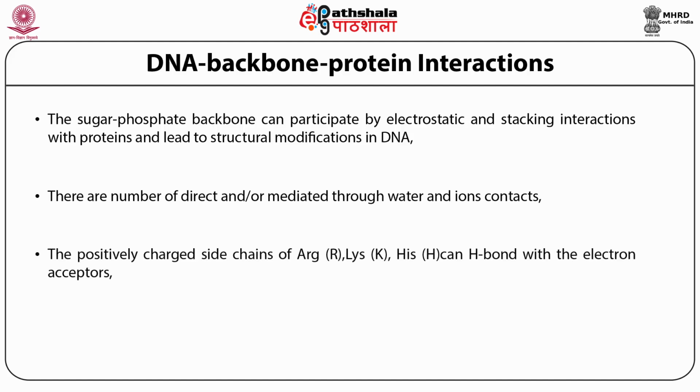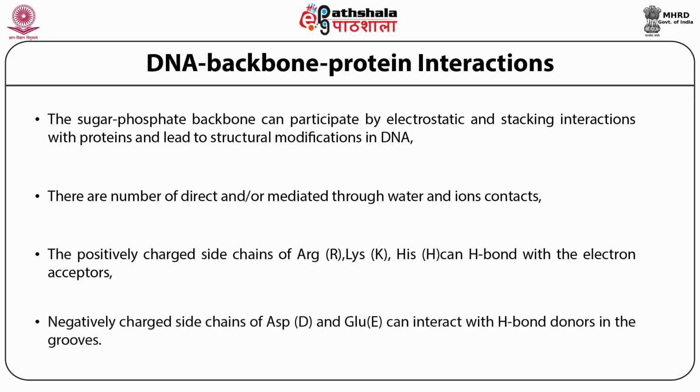The positively charged side chains of arginine, lysine, histidine can H-bond with electron acceptors, whereas negatively charged side chains as ASP, GLU can interact with H-bonding donors in the grooves.